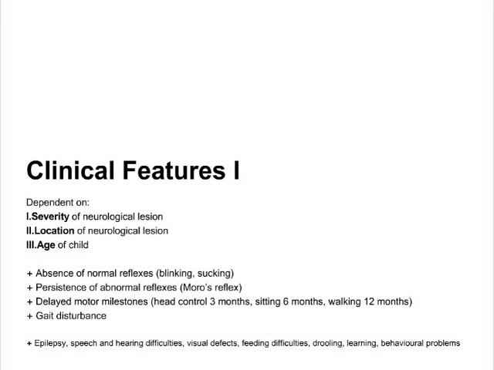In the most severe setting, there can be an absence of normal reflexes of a baby, such as blinking and sucking reflexes, persistence of abnormal reflexes beyond the expected age, such as Moro's reflex, delayed motor milestones, and I've got the standard milestones in there just for reference, as well as any noted gait disturbance.